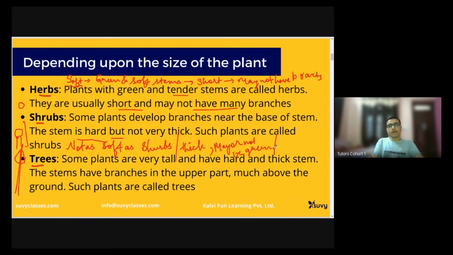Whereas there are many plants with a green stem, like the marigold flower plant, which has a green stem. It is not very thick. Such plants are called shrubs. The stems are hard but not very thick. So these are the points of difference.